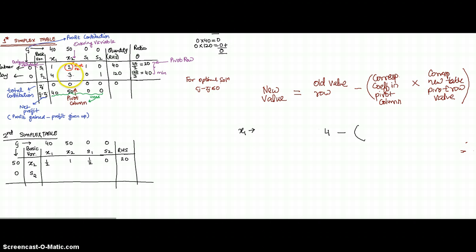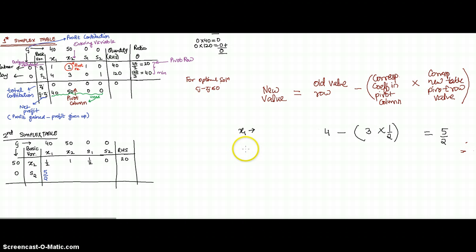We are taking 3 because it's down. So 3 multiplied by the corresponding new table pivot row value. This is the new table and this is the pivot row value, because we are looking at the value here. So this is half. So we'll get the value here, 5 over 2, which is 4 minus 3 over 2. So this number we will write here, 5 over 2.